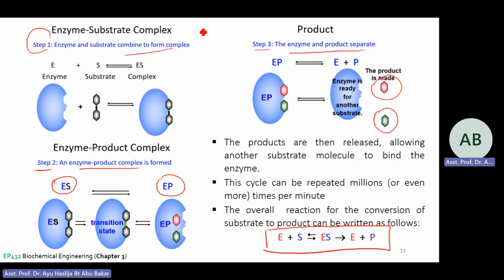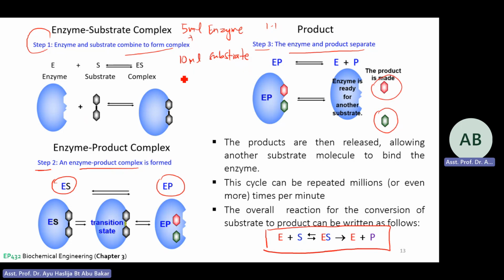For example, let's say you have 5 ml of enzyme plus 10 ml of substrate. This is for you to understand only. Let's say a 1-to-1 ratio, so 1 ml of substrate attaches to 1 ml of enzyme.